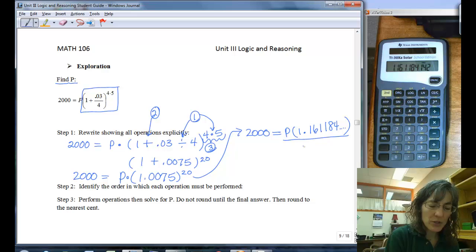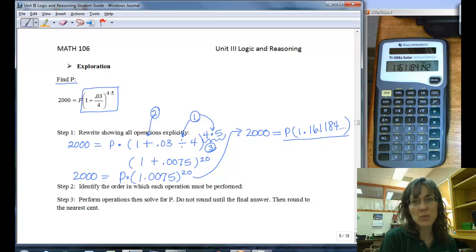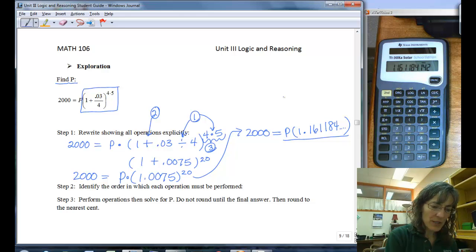So I really want to divide by the 1.161184 and so on. But it's a little bit easier for me to think about it if I do it like this.